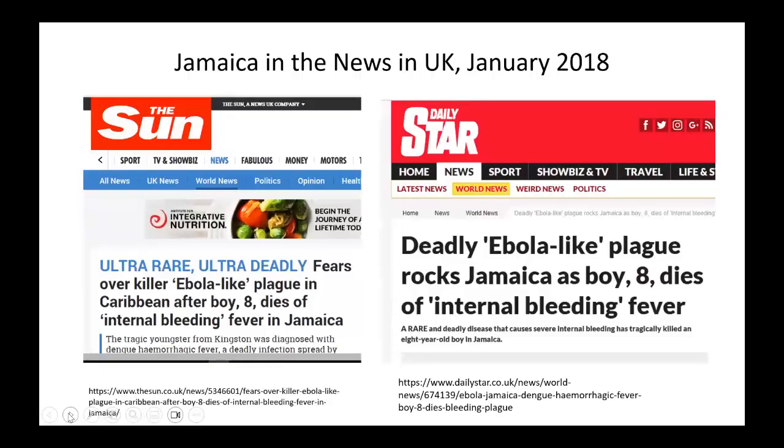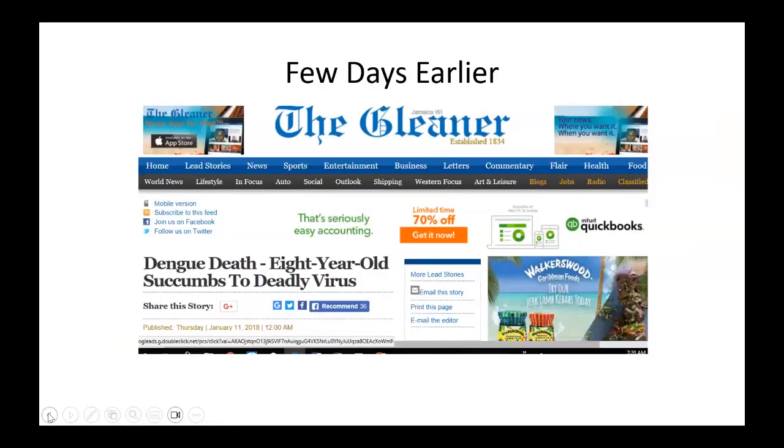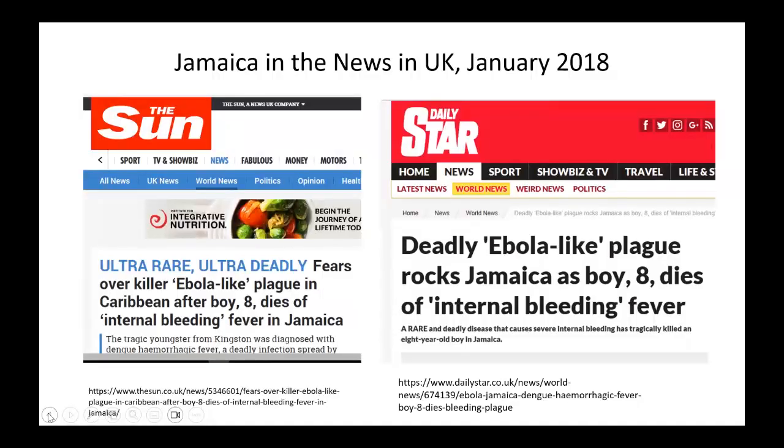And we remember all the rumors that were there. And sometimes things in our papers or news items are picked up internationally. So the news in the UK picked up this deadly Ebola-like plague in Jamaica, quoting the Minister of Health and Wellness of Jamaica.